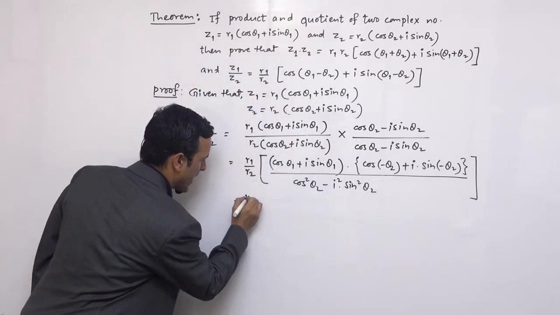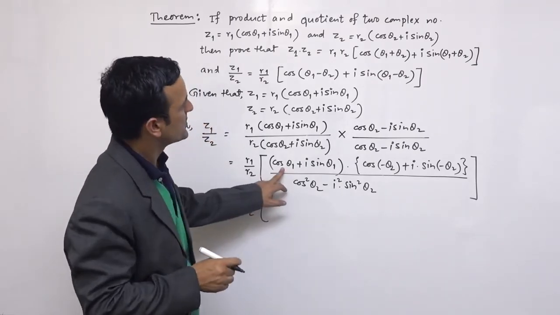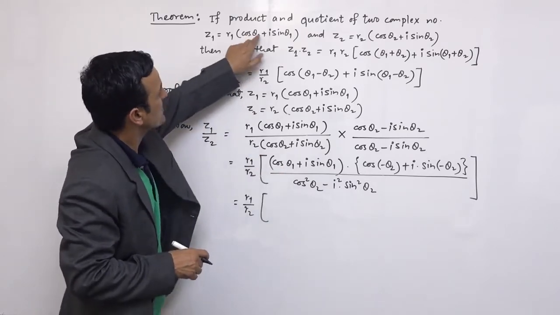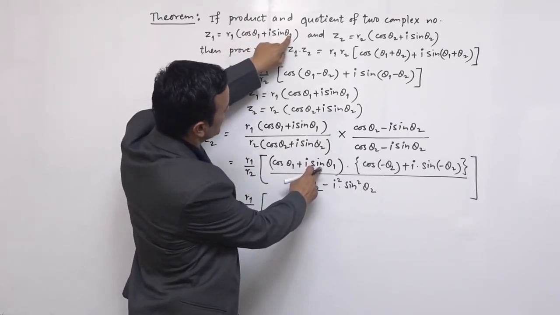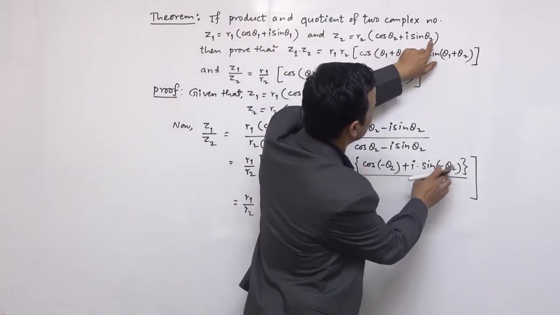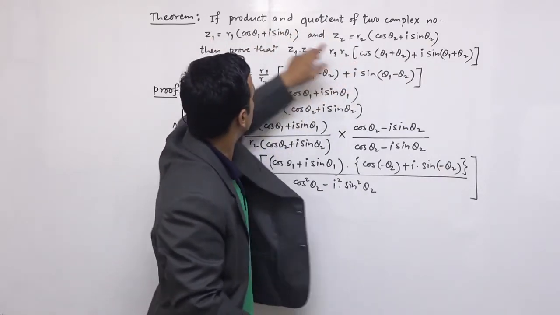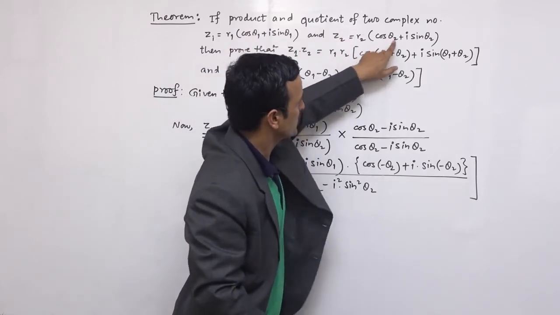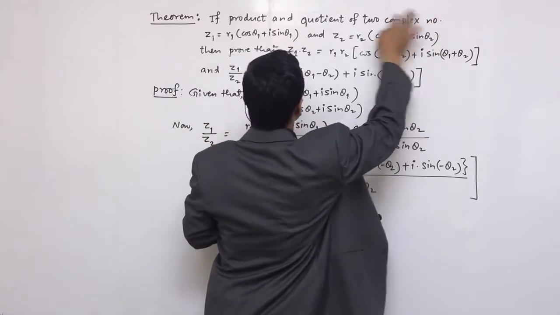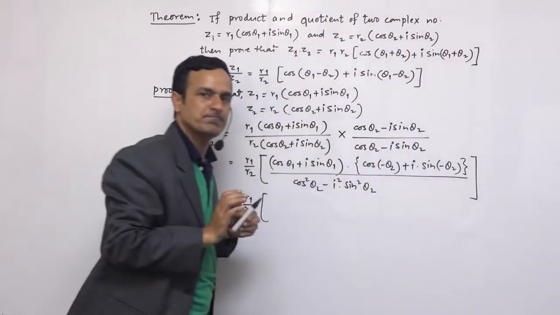Now R1 divided by R2 is just the previous result. Cos theta 1 plus I sin theta 1 is the same, and R2 cos theta 2 plus I sin theta 2 is the same. When we multiply this and this, we get this term plus this term. So cos theta 1 plus theta 2, and after multiplication we get sin theta 1 plus theta 2.